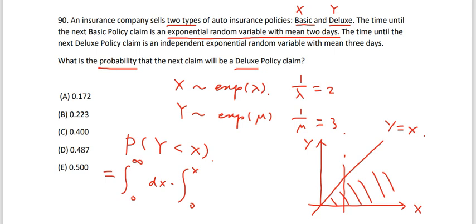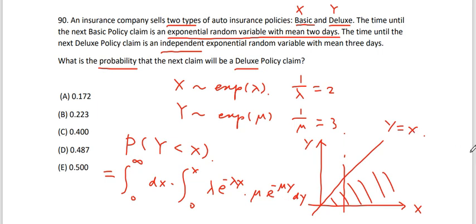Then we need the joint density function. Because the two are independent, this is the density function for x times the density function for y. The density function for x is lambda e to the negative lambda x, and for y it is mu e to the negative mu y, dy.